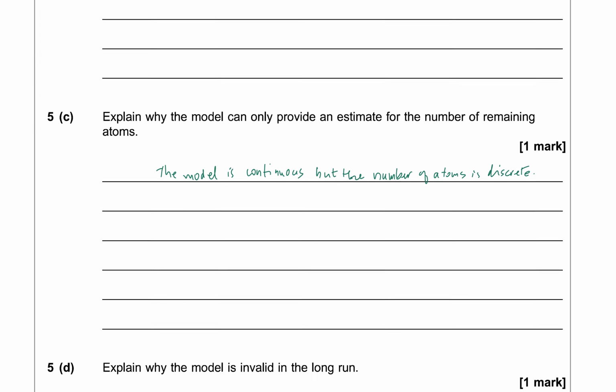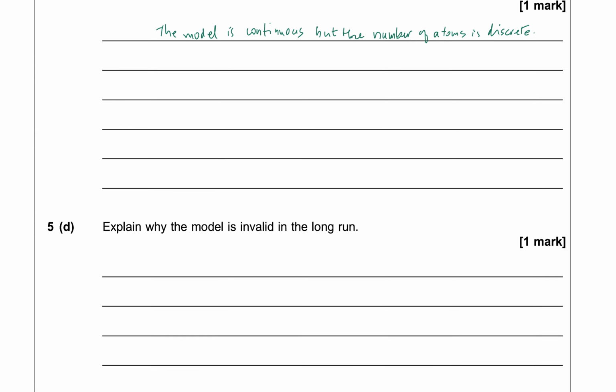Then for the next bit, explain why the model is invalid in the long run.